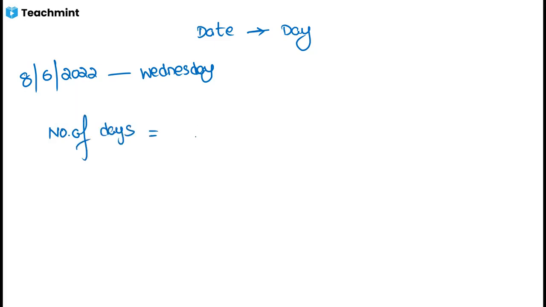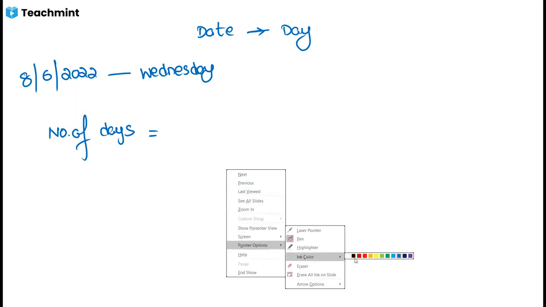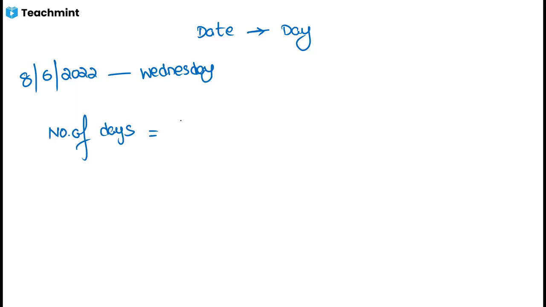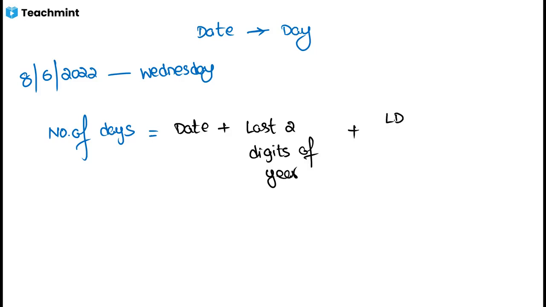First you have to calculate the number of days. How to calculate: date plus last two digits of the given year. Then next, last two digits of the year divided by 4, taking only the quotient part. LD means last two digits.